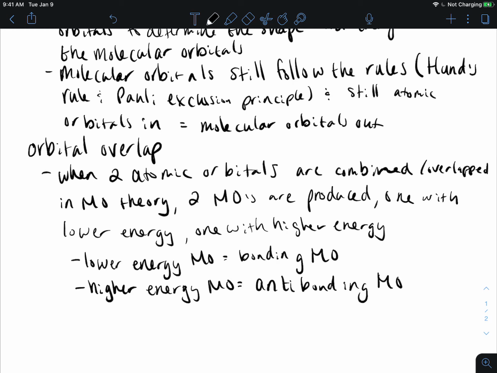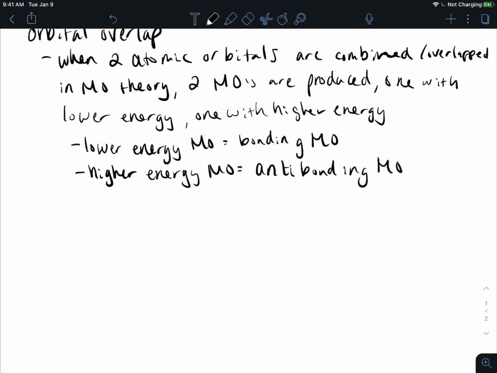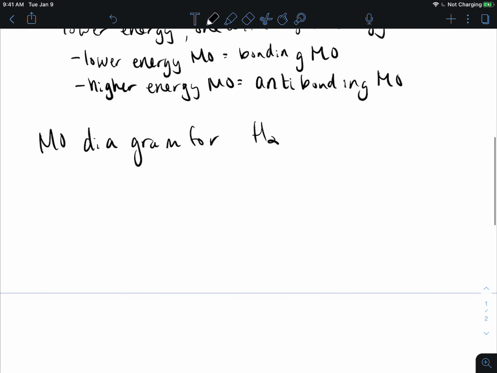So anytime we put electrons into a bonding orbital, it stabilizes our molecule. Anytime we put electrons into an anti-bonding orbital, it destabilizes. So let's look at the molecular orbital diagram for hydrogen. So first, let's look at our energy here.